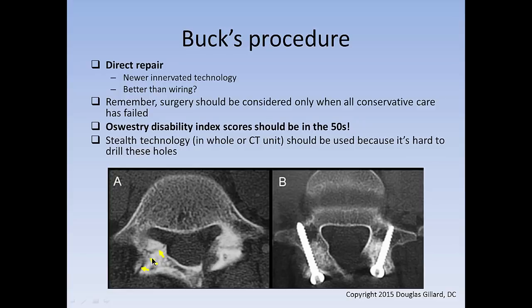Now, some of the newer docs are experimenting with a biologic called human recombinant bone morphogenetic protein 2. Let's just call it BMP2, which theoretically should increase the chances of this procedure working because it causes bone growth like crazy. You can go on my webpage and read more about that.